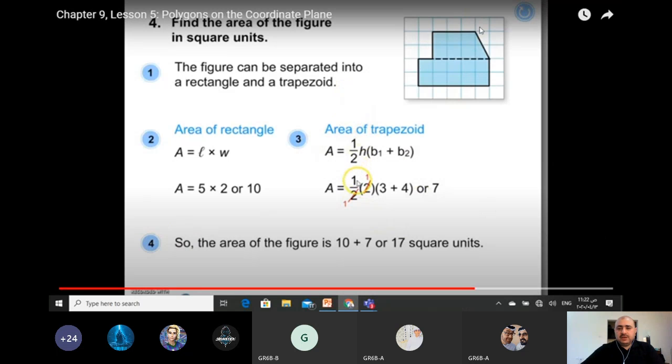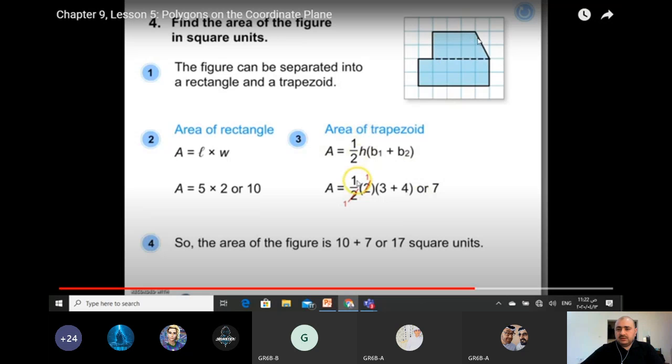In this example, we have a composite figure. If you focus inside the figure, you see here we have a trapezoid, and here we have a rectangle. So if you want to find the area of all of this figure inside the coordinate plane, divide the composite figure into two figures.